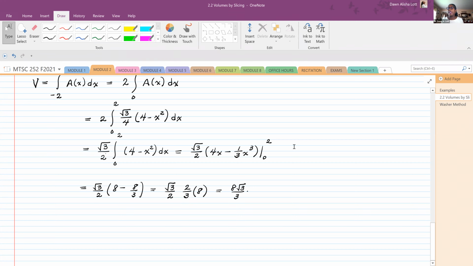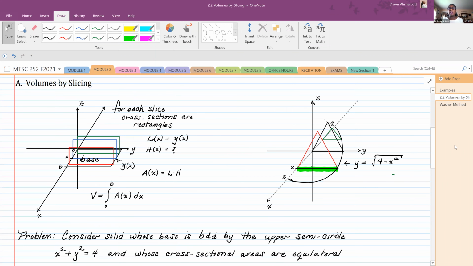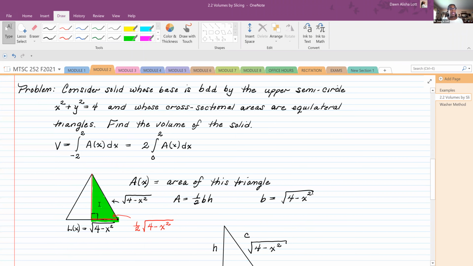So basically what you have to do for each one of these volumes by slicing is you need to find the area of whatever the slice is. For this particular problem, the area of the slice is the area of the equilateral triangle, but I needed to find the area of that. It was 1/2 the base times the height. I already know what the base was. The base was the length. That was the base of the triangle.